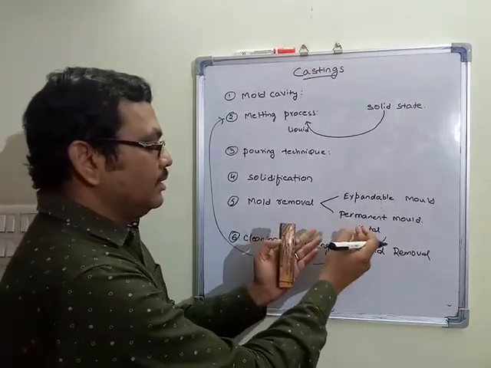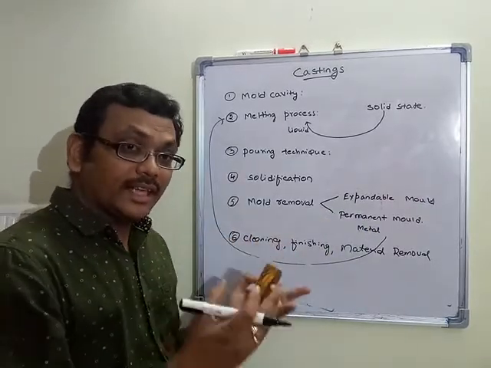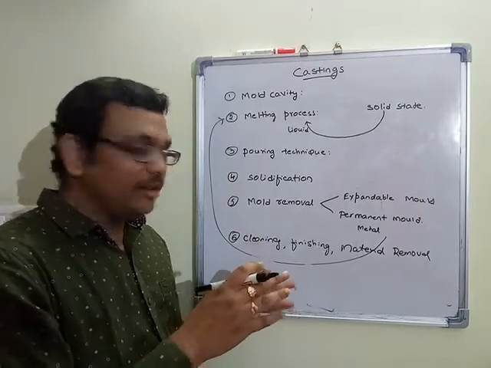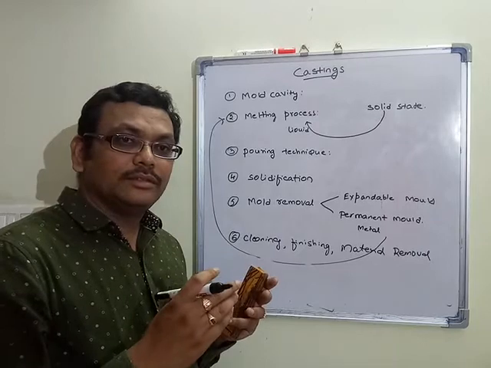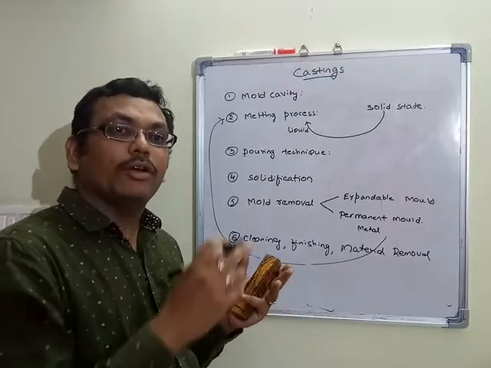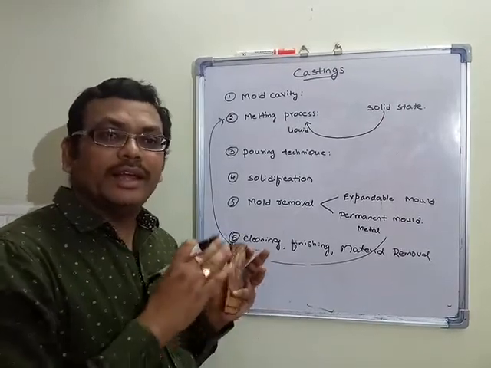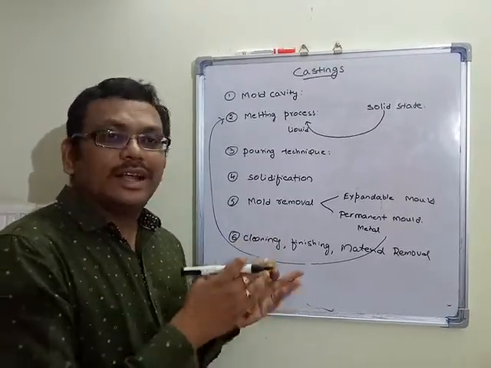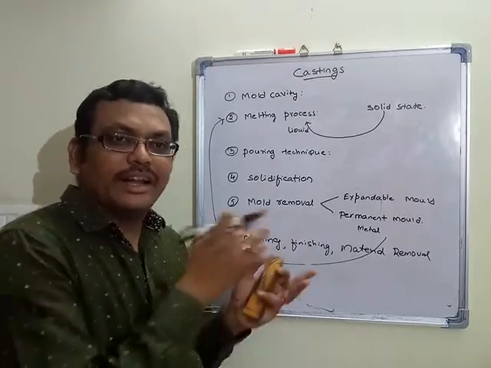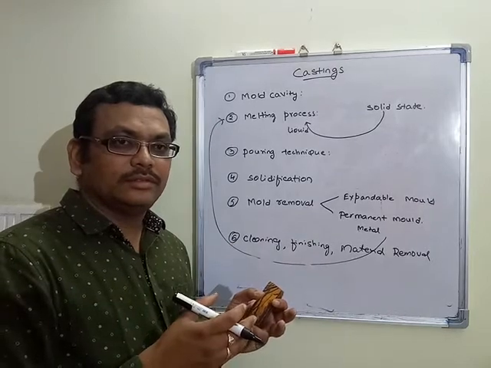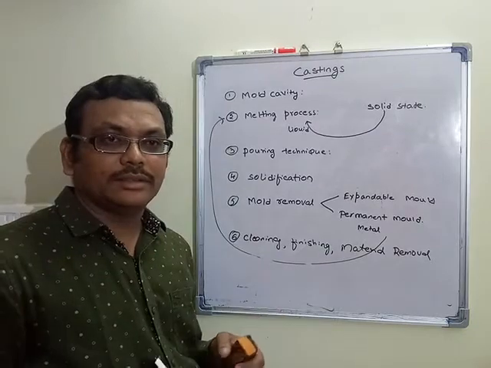Once we remove the casting from the mold, that casting should be cleaned and finished, because there will be some extra material on the casting component. That material needs to be removed with the help of cutting machines. There are different material removal processes, trimming. With the help of those processes, we have to clean the part.